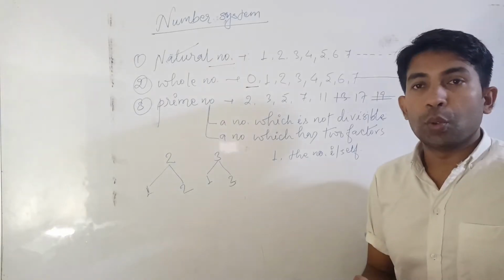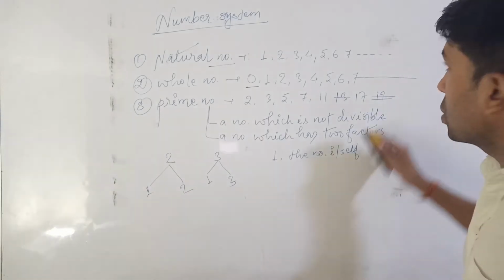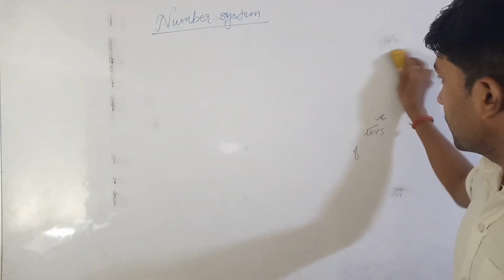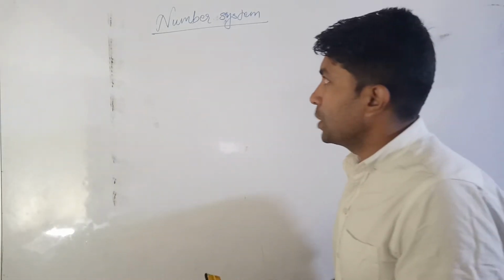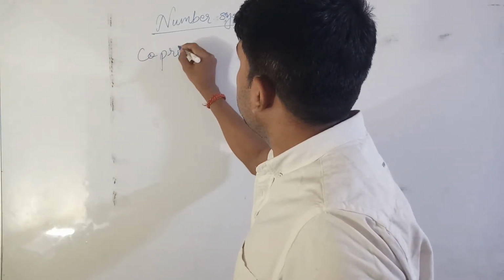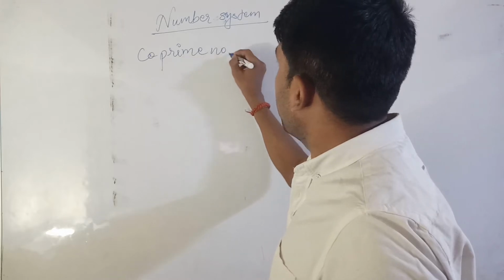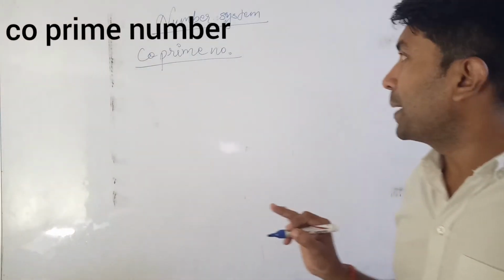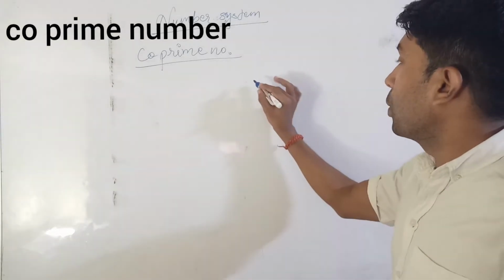Now I will teach you the next point. What is a coprime number? Very important point. To understand coprime numbers, my dear students, you need to factorize the numbers you have got.